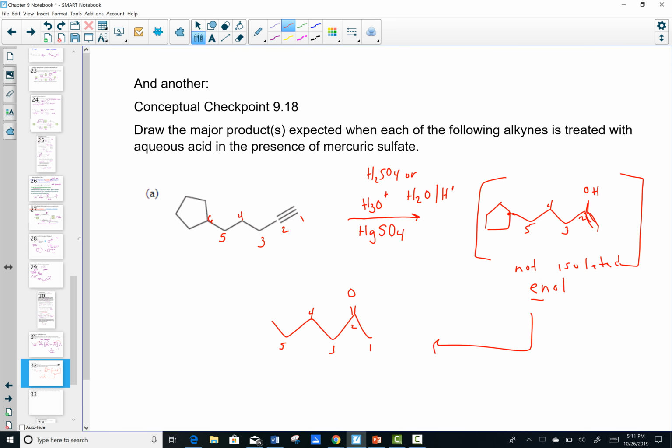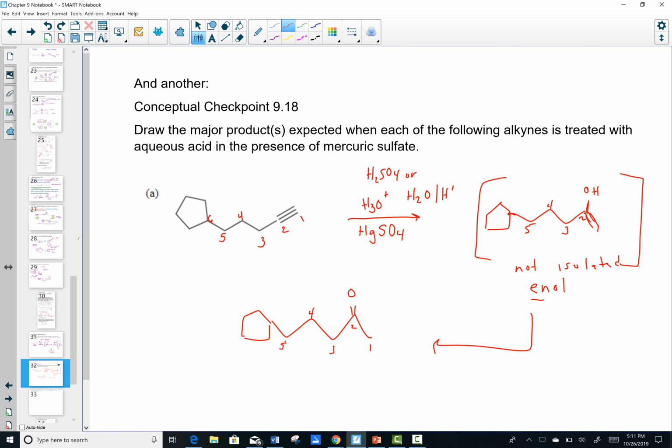I'm just thinking, sorry for the quiet, I have carbon position 1. At carbon number 2 will be the ketone, carbon 3, 4, 5, and at the 6 we finally meet up with the cyclopentane. There I have it.